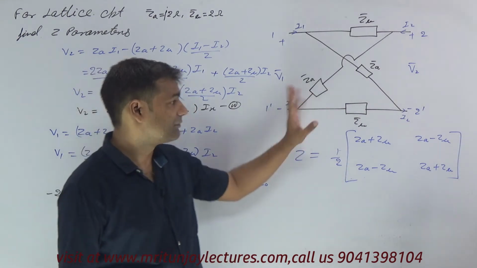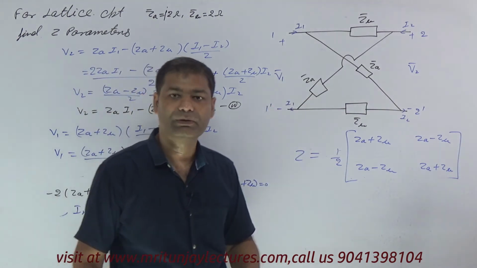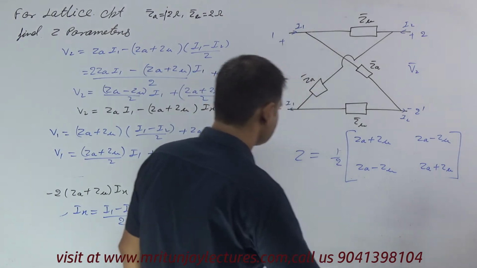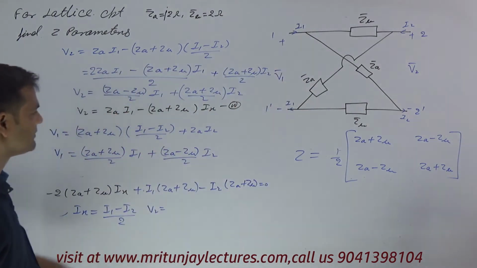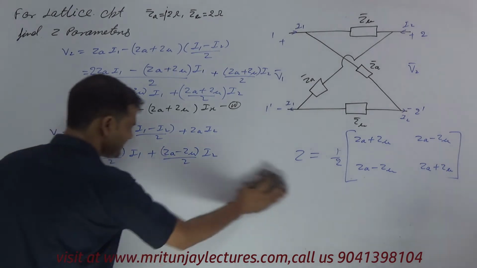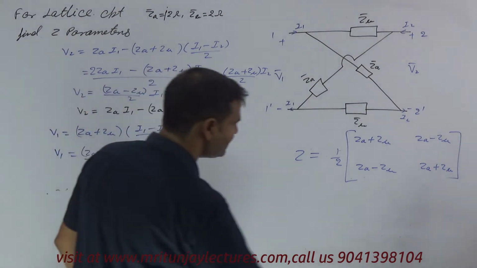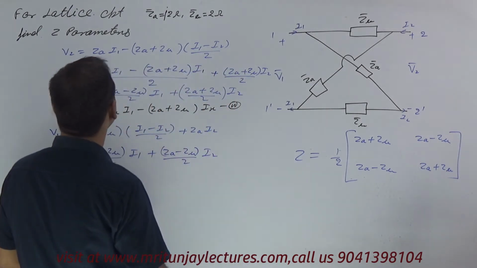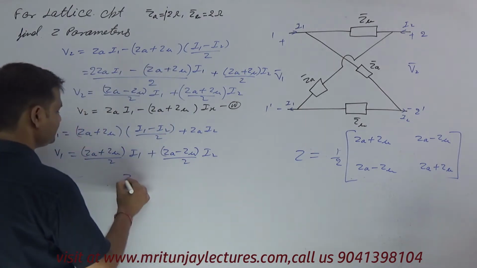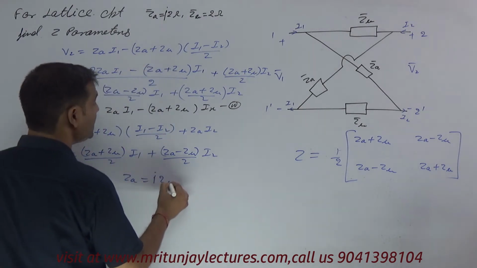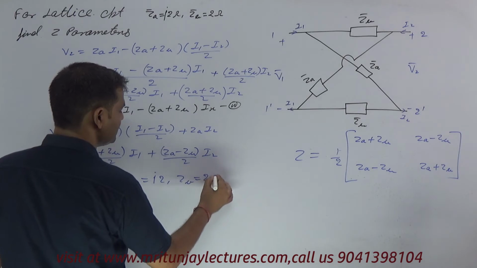If the values are different, then how can we resolve it? I have also discussed this in the next question. So first of all, make it. Now put the values. ZA is j2 and ZB is 2 ohm.